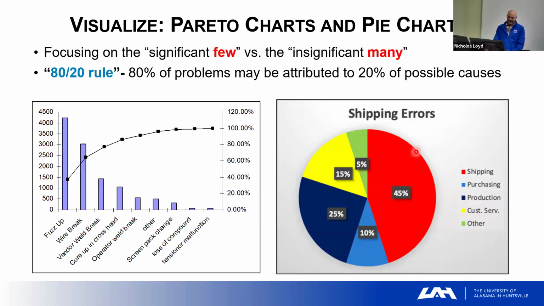And they sat there and talked about whose fault the problems were. 45% of our shipping errors were shipping's problem because they're a bunch of idiots. Okay. So it turned into a blame chart, and very rarely is blame a root cause.